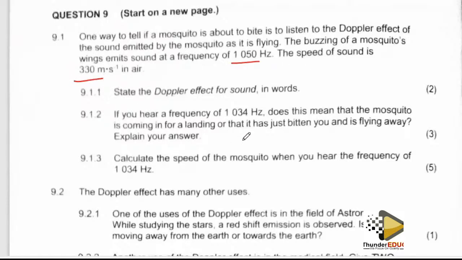Can you state the Doppler effect in words? Remember, Doppler effect is the apparent change in frequency relative to the motion of the observer, the listener.